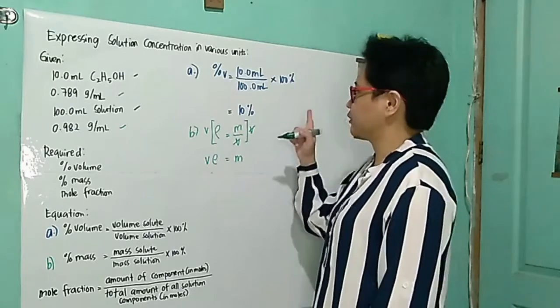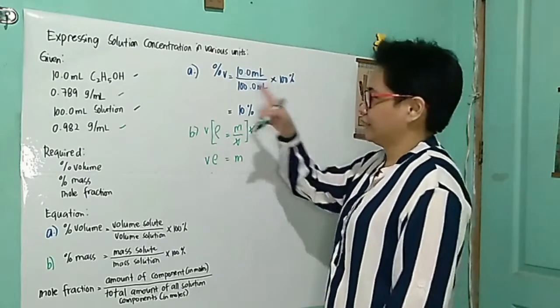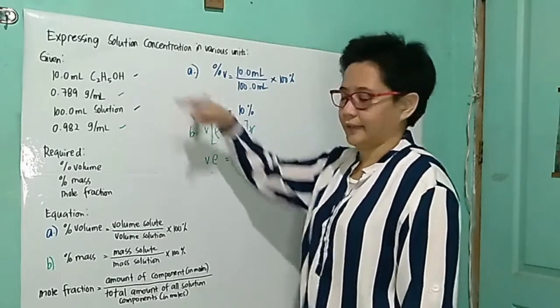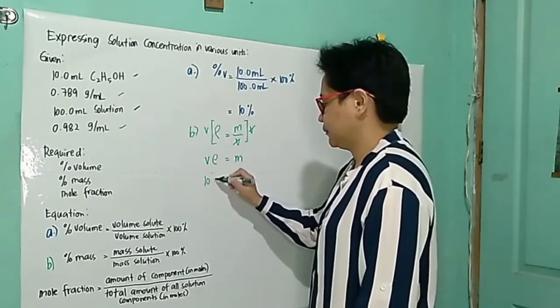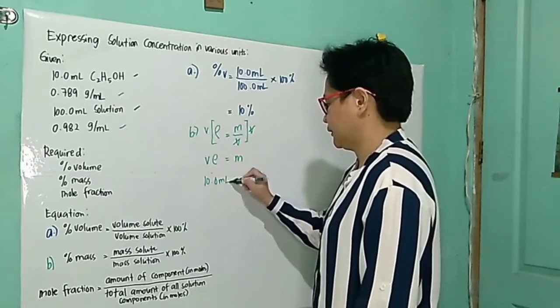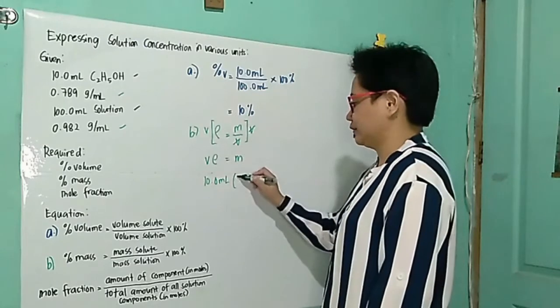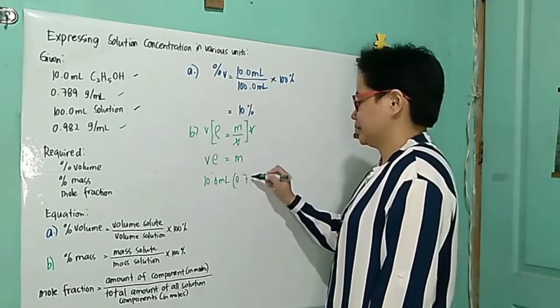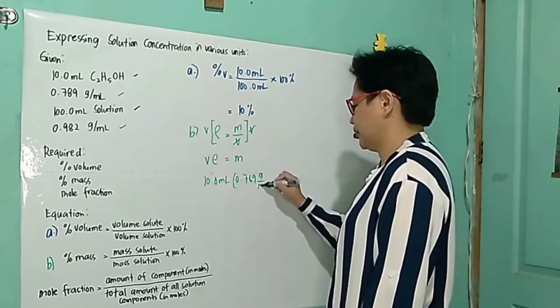So, let's substitute for the mass of ethanol. You have the 10 milliliters of ethanol times its density of 0.789 grams per milliliter.